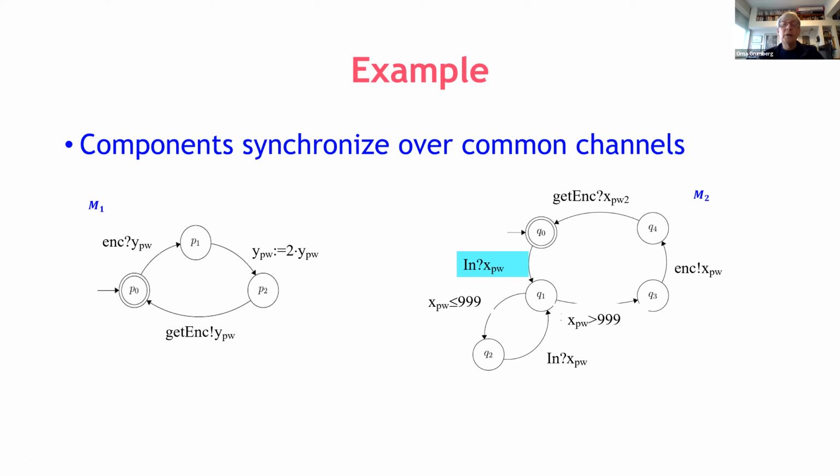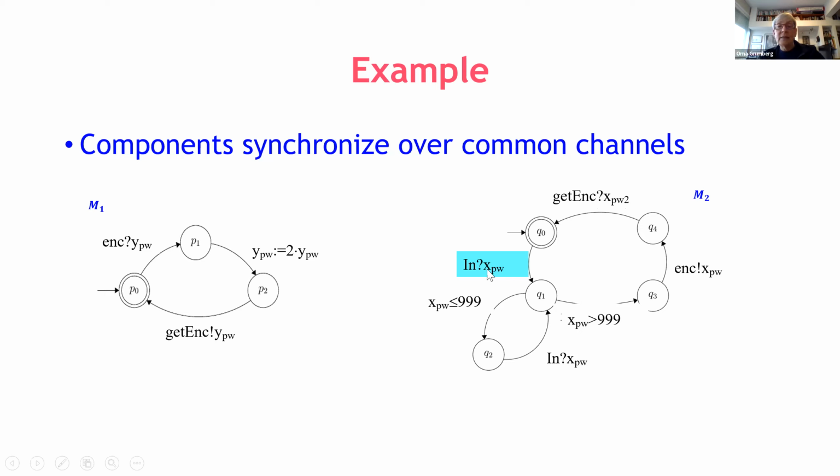So here is how we compose programs. We have 2 components, M1 and M2, and they need to synchronize on communication over the same channel, and otherwise they just interleave. So now the first, M2, just reads the value of XPW from the environment. You can see that in is not a channel appearing in M1, so it just comes from somewhere in the environment.